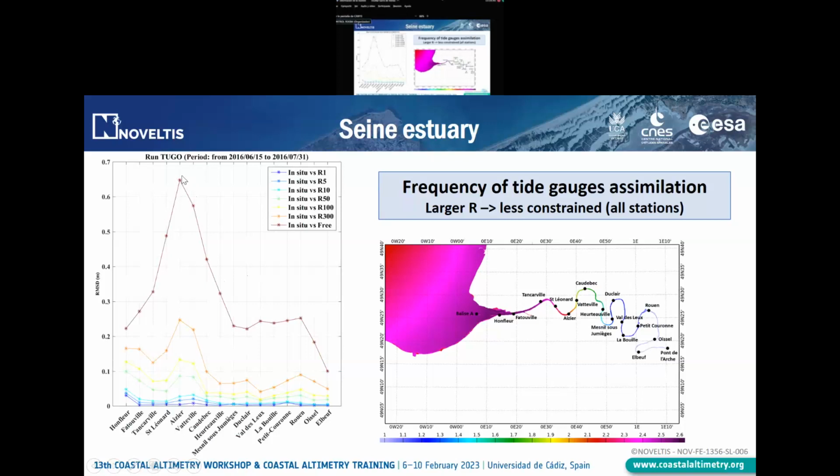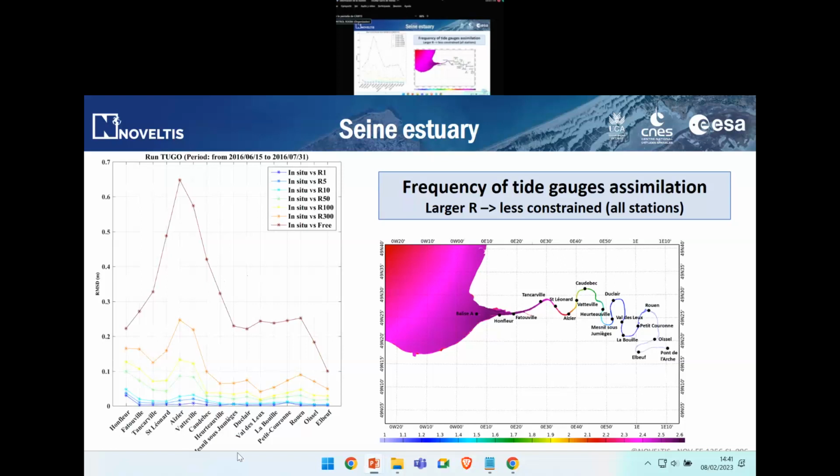But in the neighborhood of this station, just here, the dynamic is more complicated in this region, and we obtain errors of 65 centimeters. The other colored lines show the errors of the other tests that we made with different degrees of in situ data assimilation.